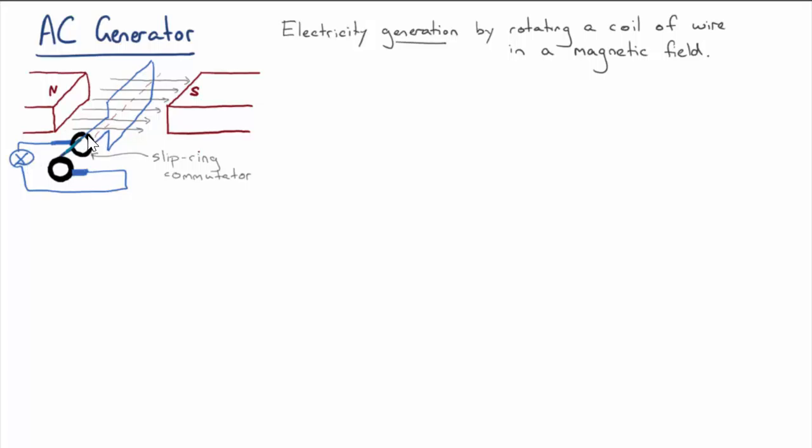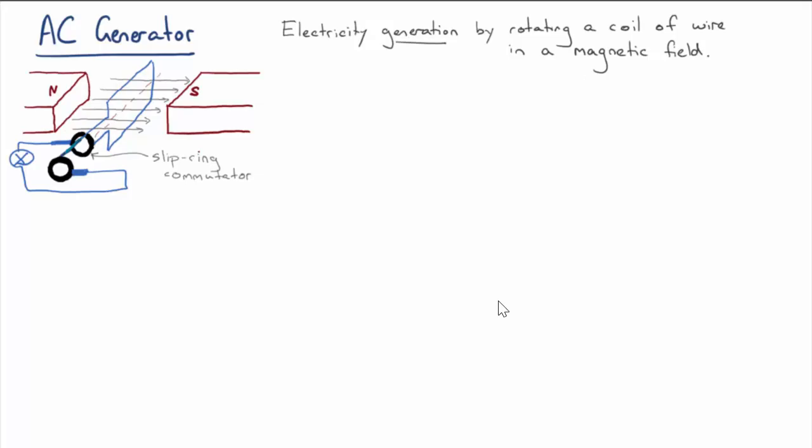Then this other side of the loop is always connected to that side of the circuit through a little brush. And so the same wire is always connected to the same part of the circuit, even though the loop is rotating.